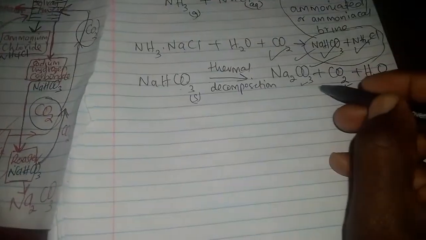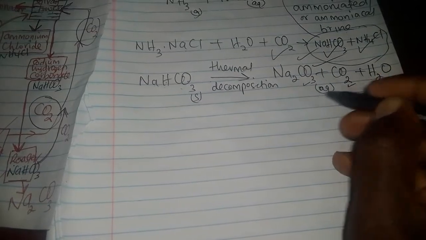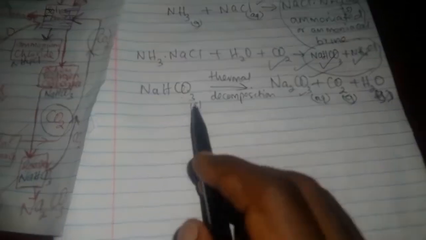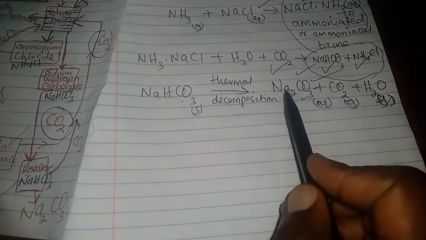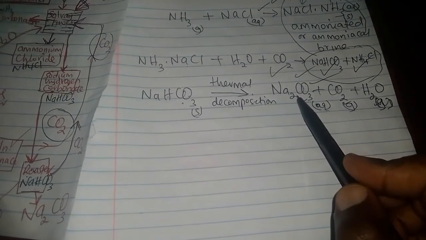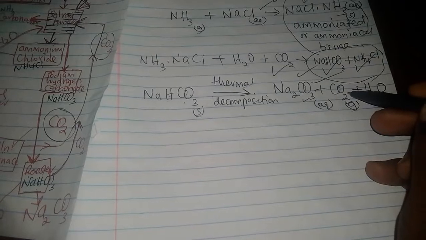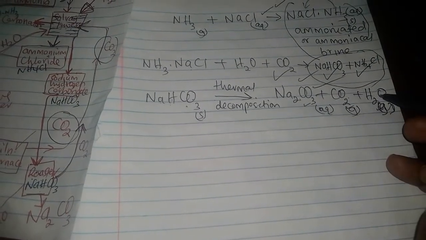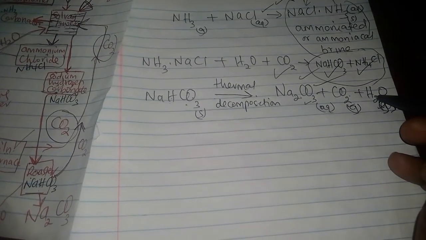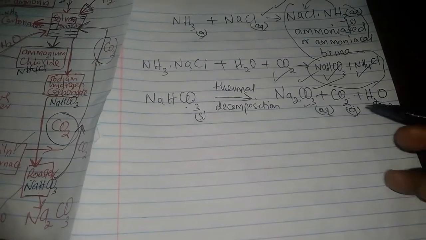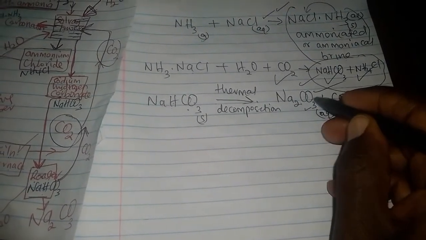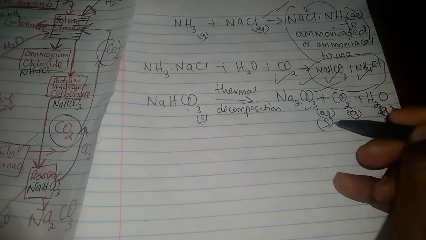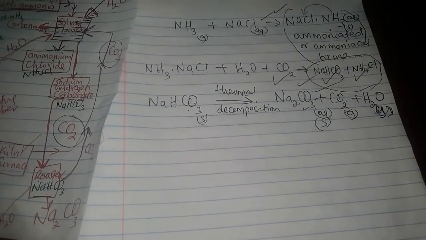Depending on the temperature, these can be solid, aqueous, liquid or gas. When the temperatures are very high, it will form sodium carbonate as a solid or an aqueous solution, carbon dioxide as a gas, and the water that gets formed easily turns into vapor because of the excess heat. So the sodium carbonate can be either an aqueous solution or a solid, depending on the prevailing temperatures.